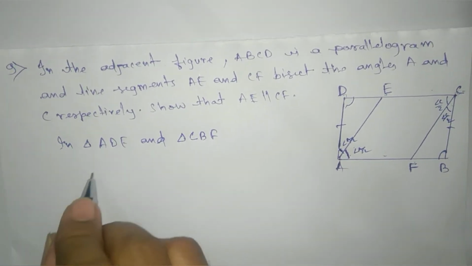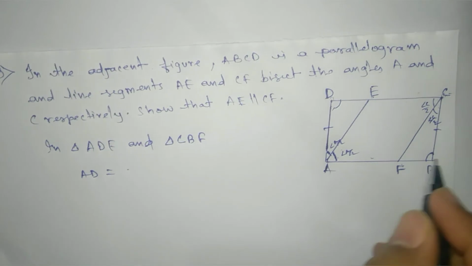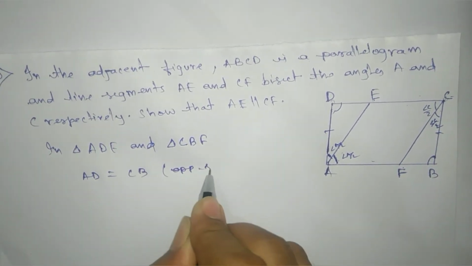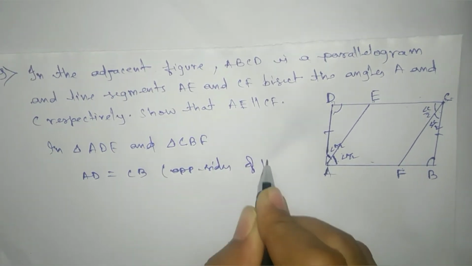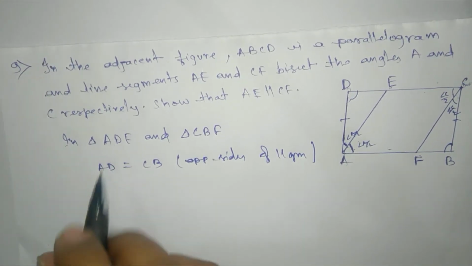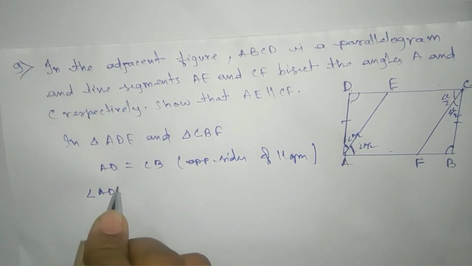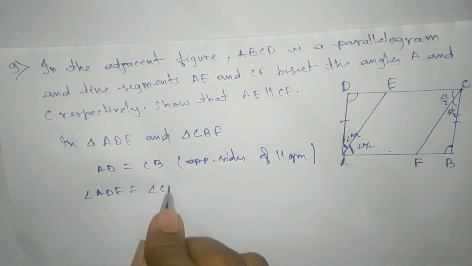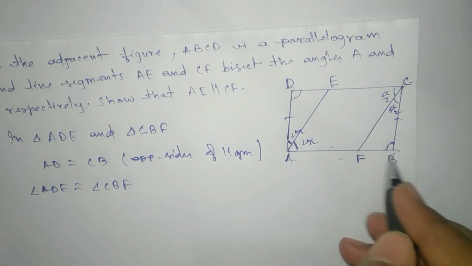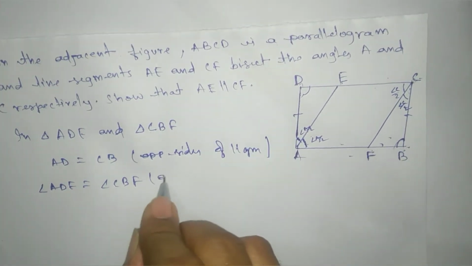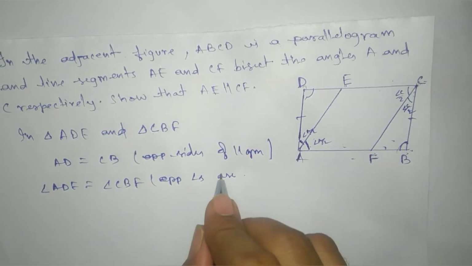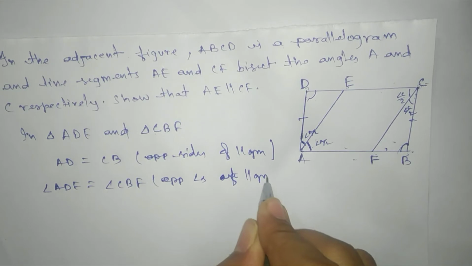So here we have AD equals CB, opposite sides of parallelogram. Next, angle ADE equals angle CBF, these two are equal, opposite angles of parallelogram, we'll mention like this.